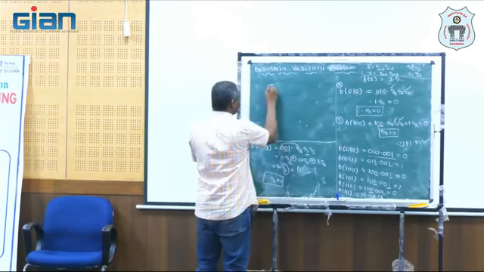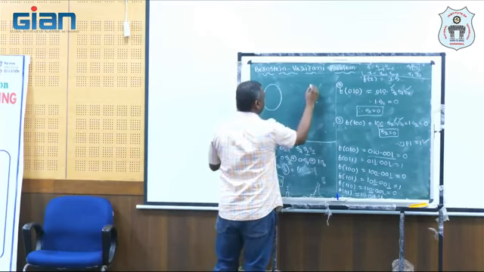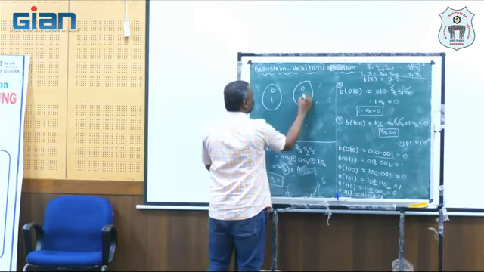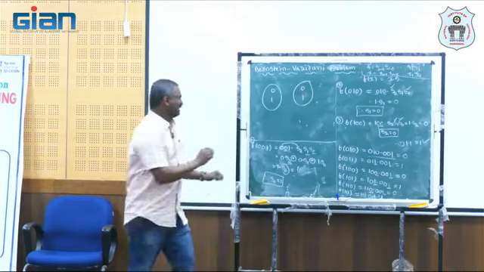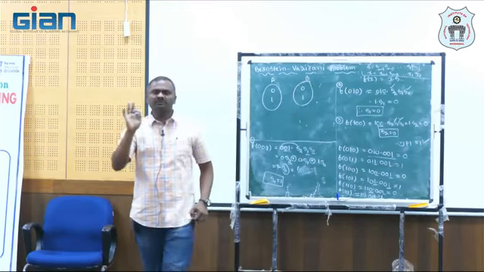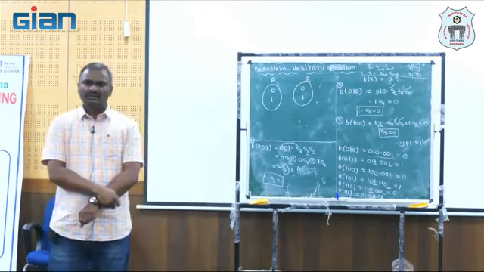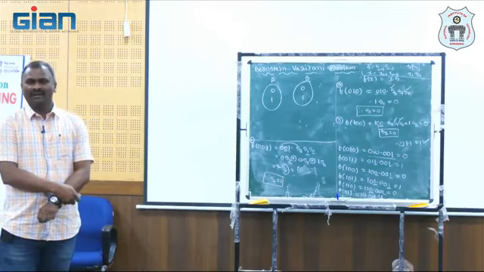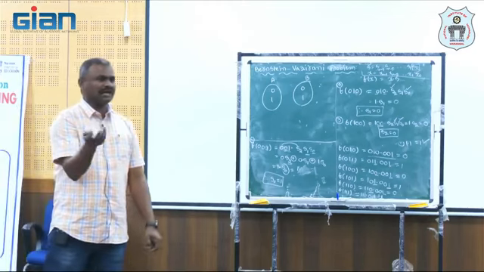You have a set that maps 0, 1 to 0, 1. This is set A, this is set B. How many different functions are there from set A to set B? 2 or more than 2? How many? 4 is the correct answer. What are they?